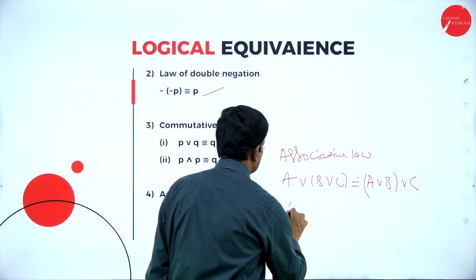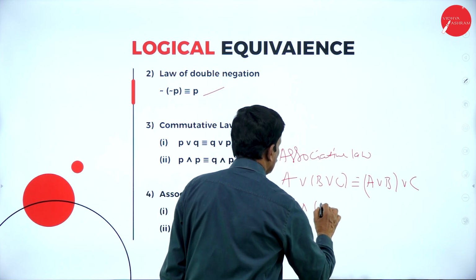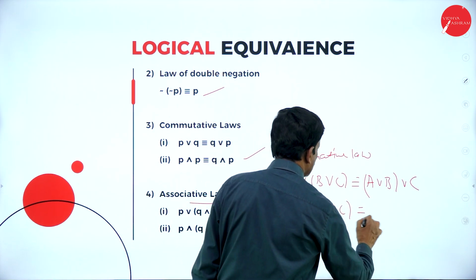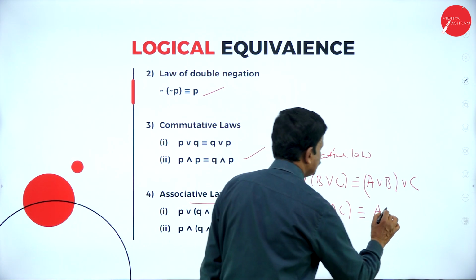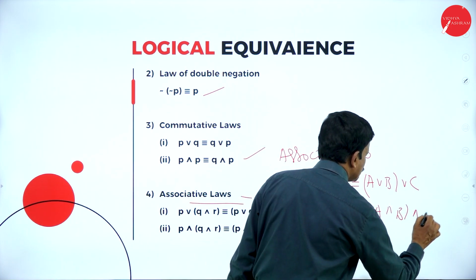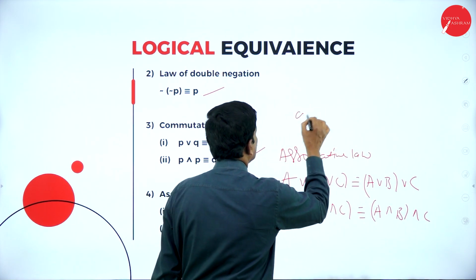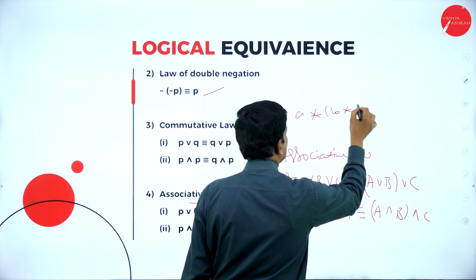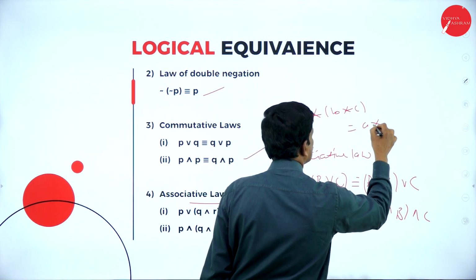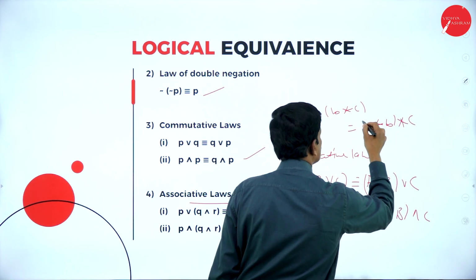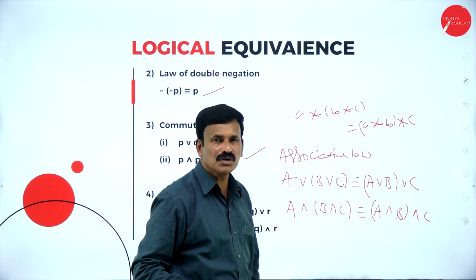Similarly, in case of conjunction, A conjunction B conjunction C is logically equivalent to A conjunction B conjunction C. So, this is like A star B star C is equal to A star B star C. That's it. So, this is called an associative law.